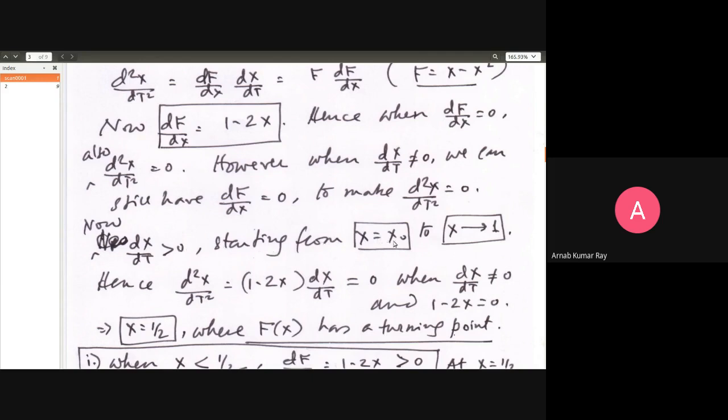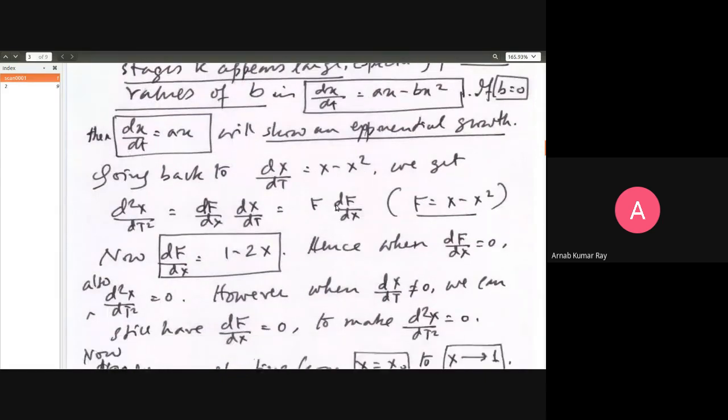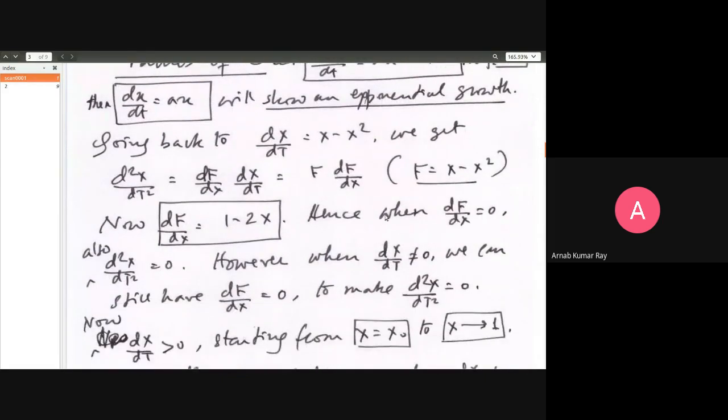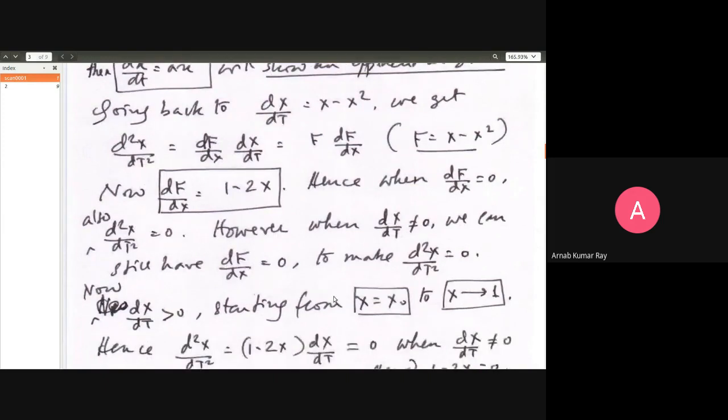Now, starting from x equal to x naught to x equal to 1, dx/dt is always a positive quantity. How can we say that? Just look at this equation. When you start from x equal to x naught and go to x equal to 1, this number will always remain a positive quantity. dx/dt is a positive number, right?